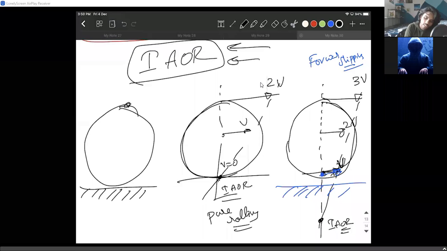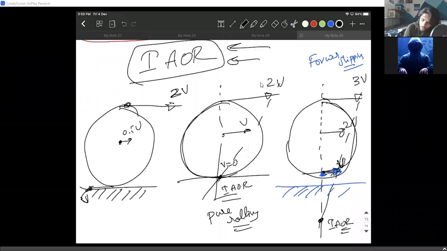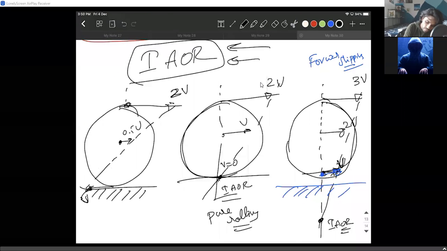In this situation, let us say you have 2v, you have 0.5v, and you have 1v in the backward direction. Now you try to join all these three, and this is where you get the instantaneous axis of rotation.